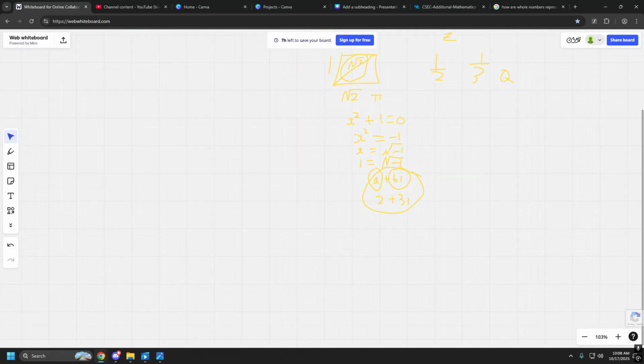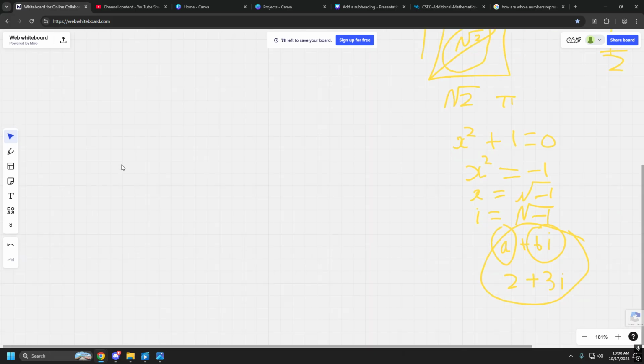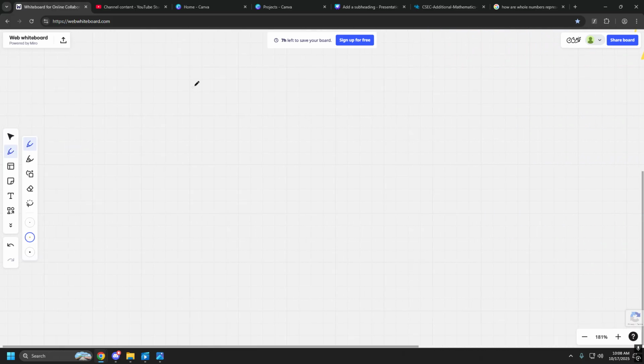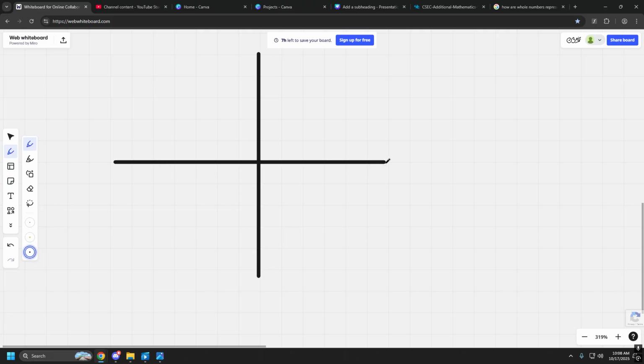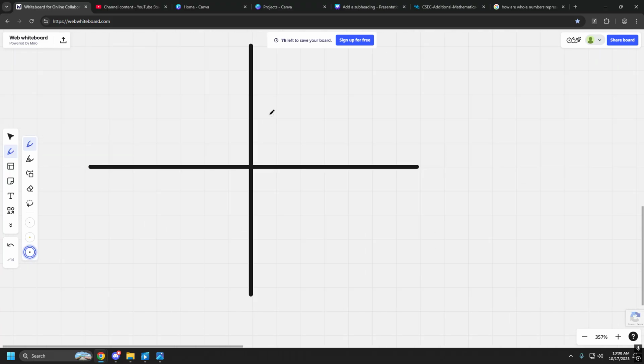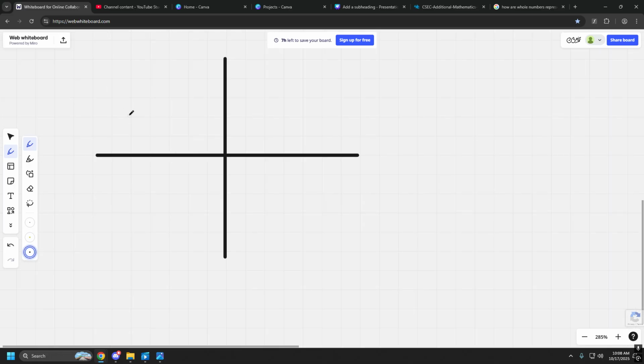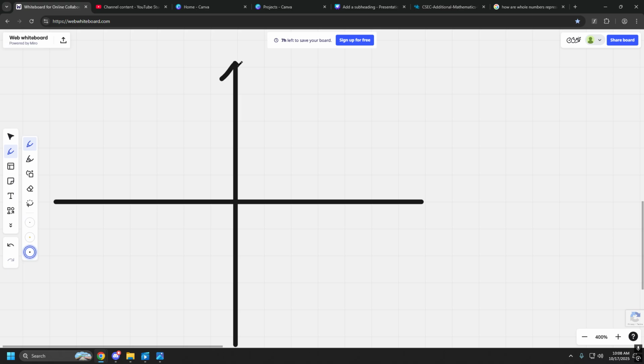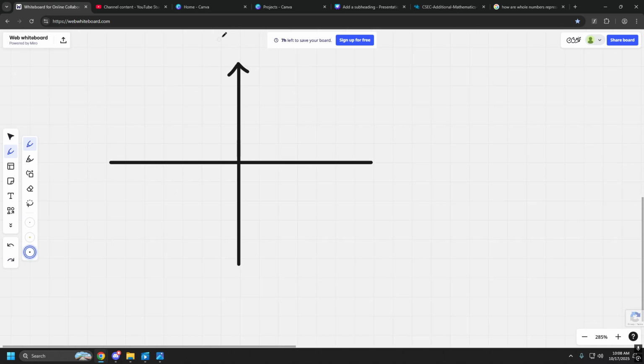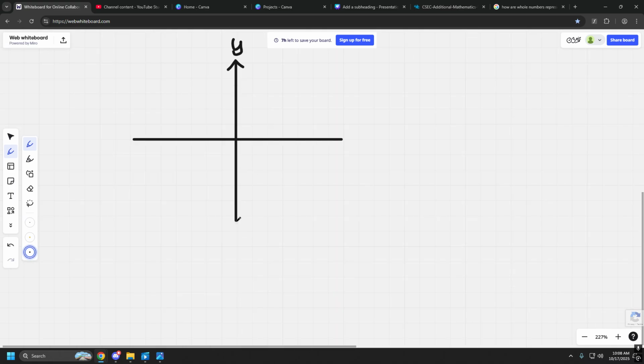Okay? And now I'm gonna show you something quite interesting, so you can remember the powers of i. Let's say you have a graph. This is a Cartesian plane that we should all be familiar with if we're at this level, right?